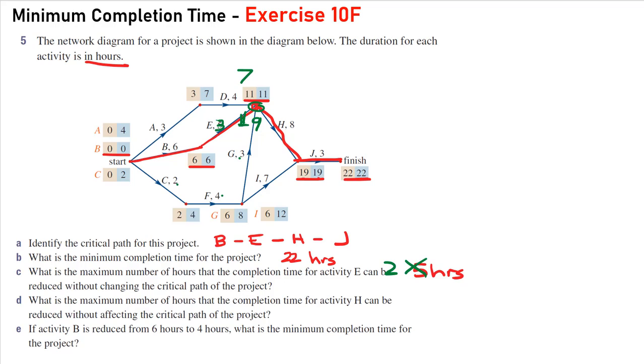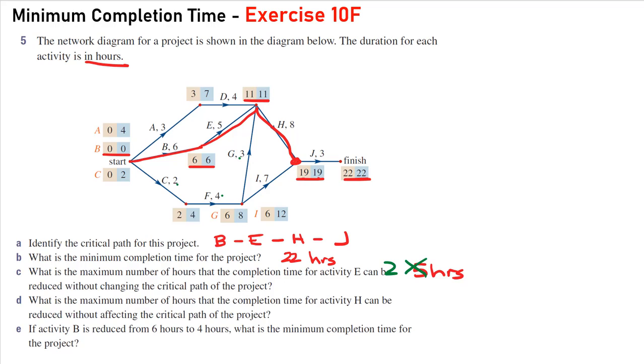Part D, what is the maximum number of hours that the completion time for activity H can be reduced without affecting the critical path? So again, we need to have a look at H here, assuming that we haven't changed E in this case, and I'll just get rid of a few of these parts here.